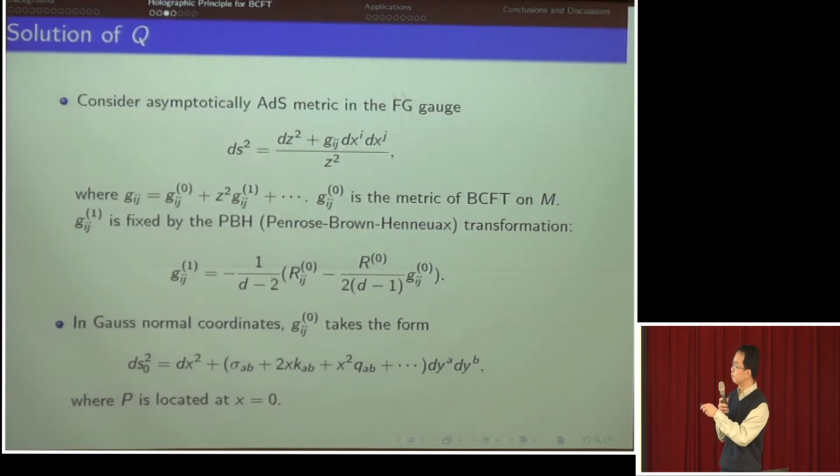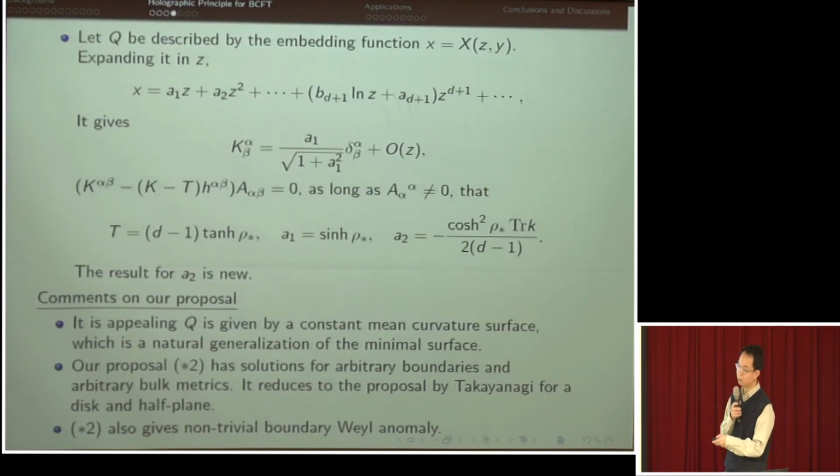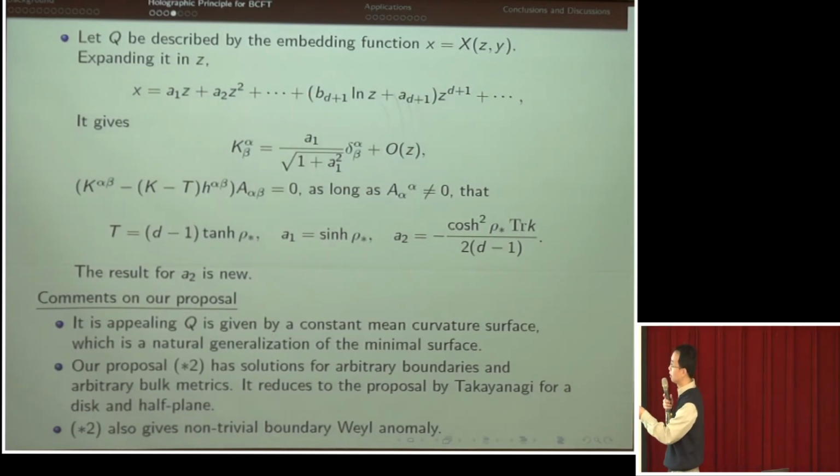And we can solve it. Just believe me, we can solve it, and then we find the embedding. Now, X is the field theory direction, Z is in the bulk. In this solution, previously it was a straight line. I explained to you it's just a straight line, nothing else it can be.